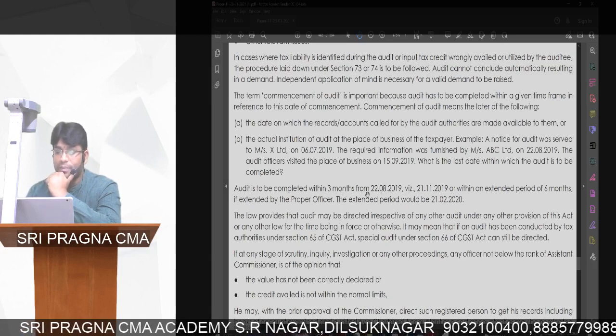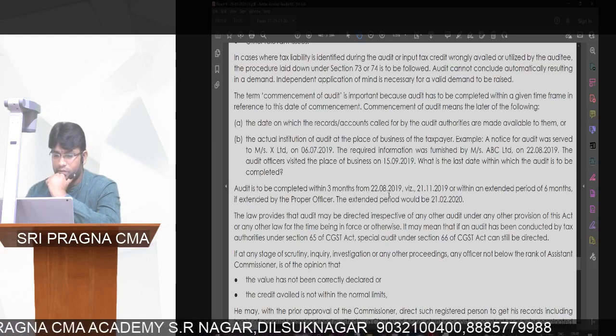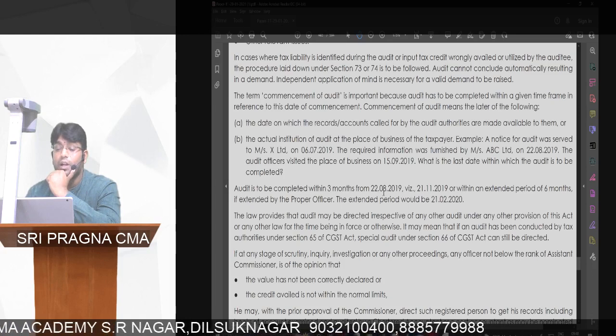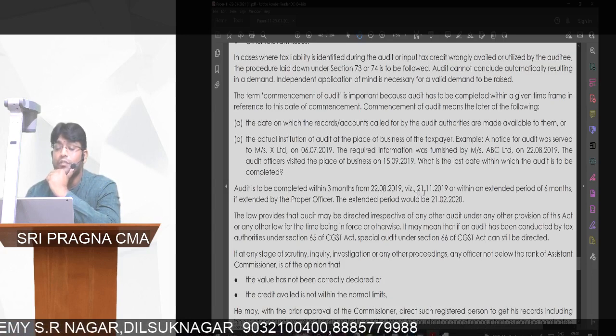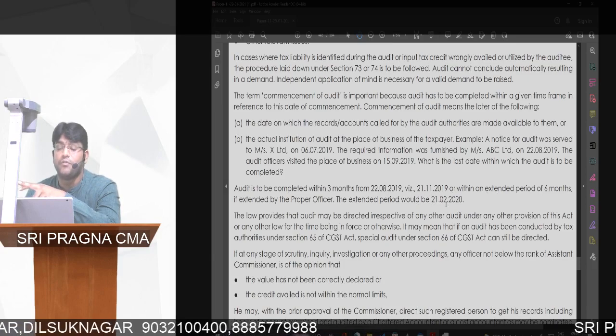But audit is to be completed within 3 months from 22nd August, that is 21st of November, 3 months. Extended period of 6 months would be 21st of February.